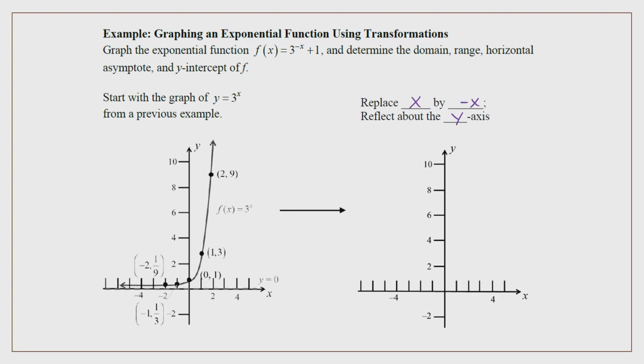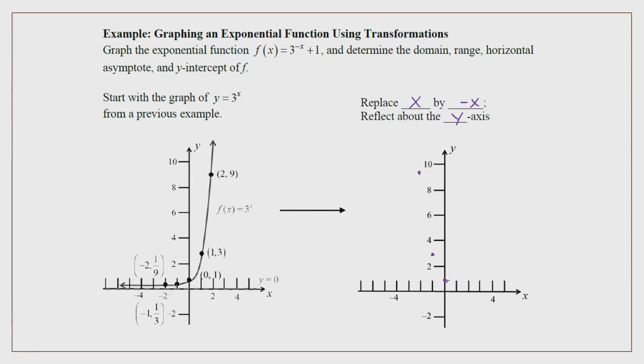So 2, 9 is now -2, 9. Okay. 1, 3 is now -1, 3. 0, 1 is now 0, 1 because it lies right on the y-axis, so it didn't actually move. Okay.